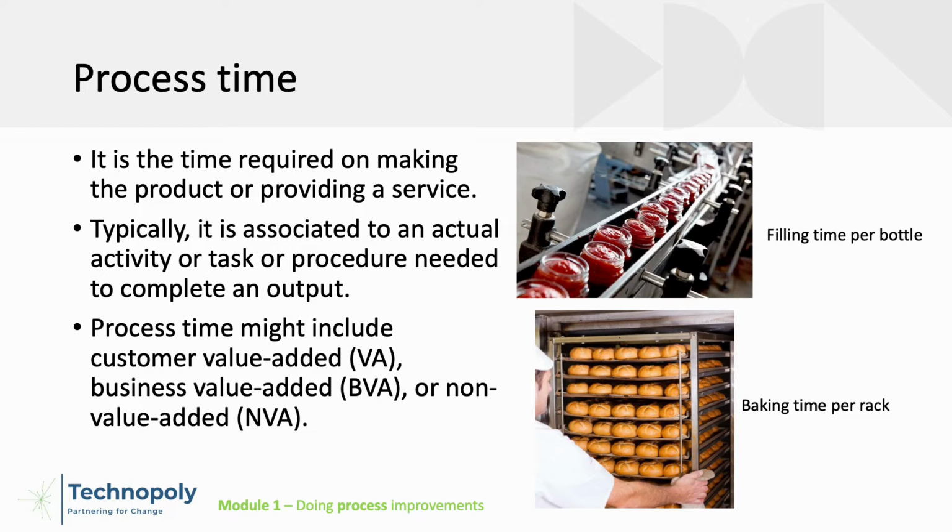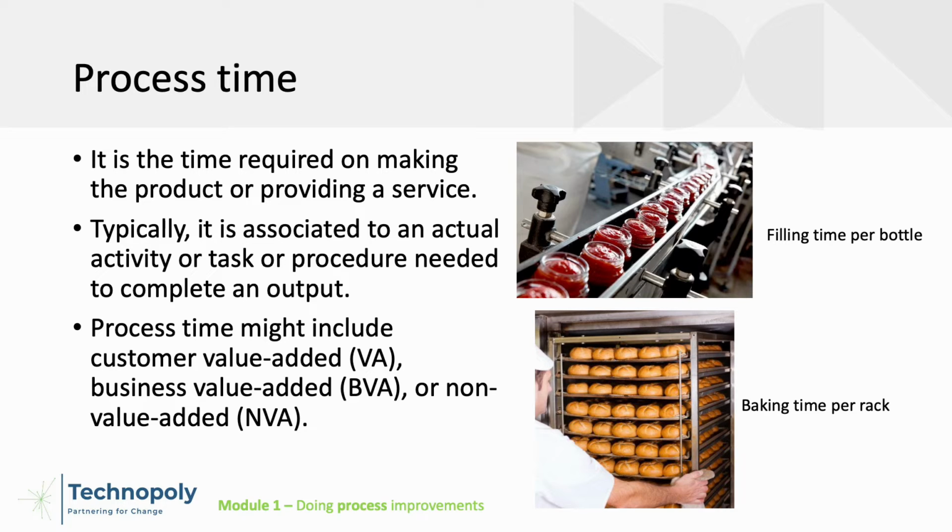One of the basic measures in lean is process time. Process time is simply the time that is needed to make your product or service. Oftentimes, process time is associated with an activity or a task or a procedure that is truly necessary to create the output or the results that you wanted. However, process time might be value-adding or could be a non-value-added activity but necessary for the business.